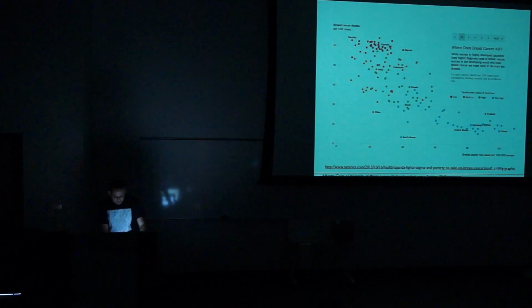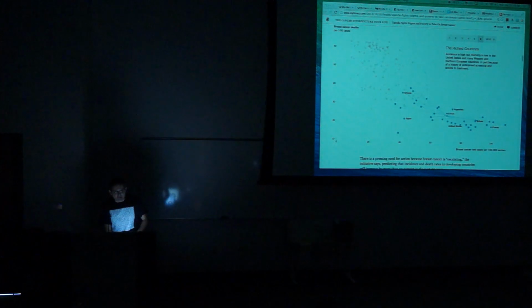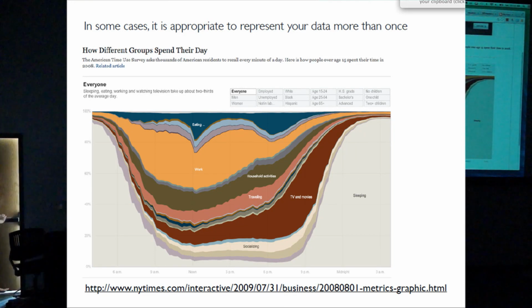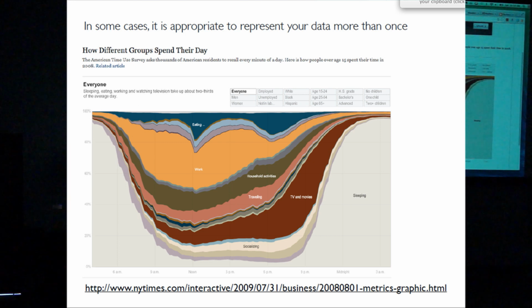Let me show you just a couple of examples of that. First of all, a quite old visualization, again by the New York Times, which got things right, in my opinion. It's a graphic that shows you how Americans spend their time every day, what Americans do throughout the day. As you can see, it's a stacked line chart in which this adds up to 100%.